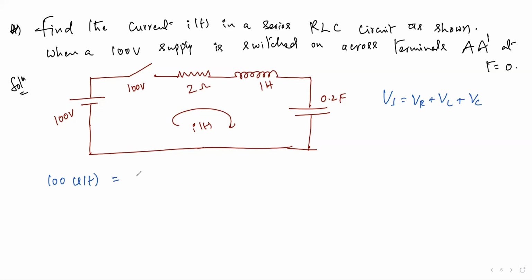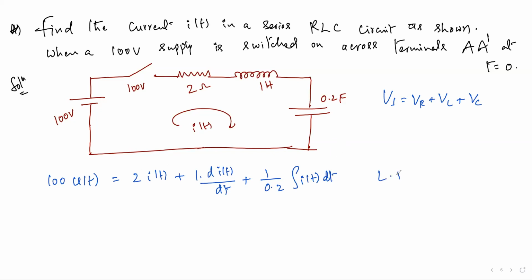So resistor voltage is how much? 2 into i of t. Inductor voltage how much? 1 into di of t by dt. Capacitor is 1 by capacitance integral of i of t dt.